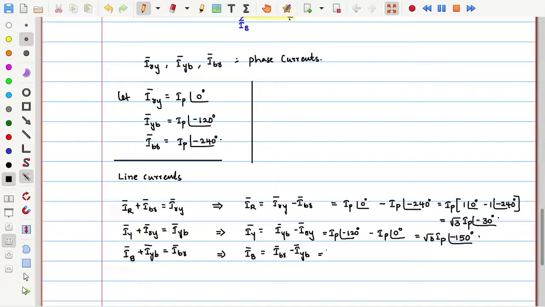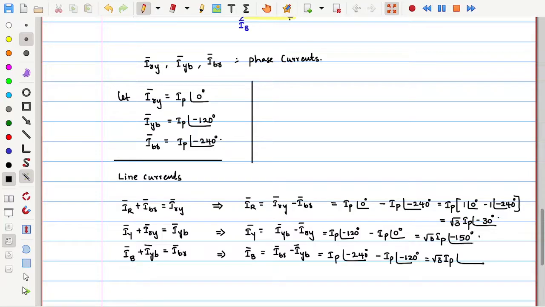Similarly, IBR is IP at an angle of minus 240. And what about IYB? IP at an angle of minus 120. So how much will you get? Now it is easy to write. IP at an angle of minus 150 minus 120.